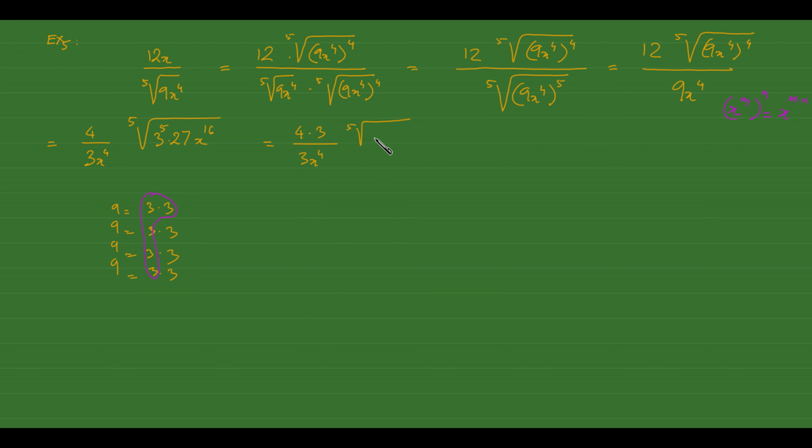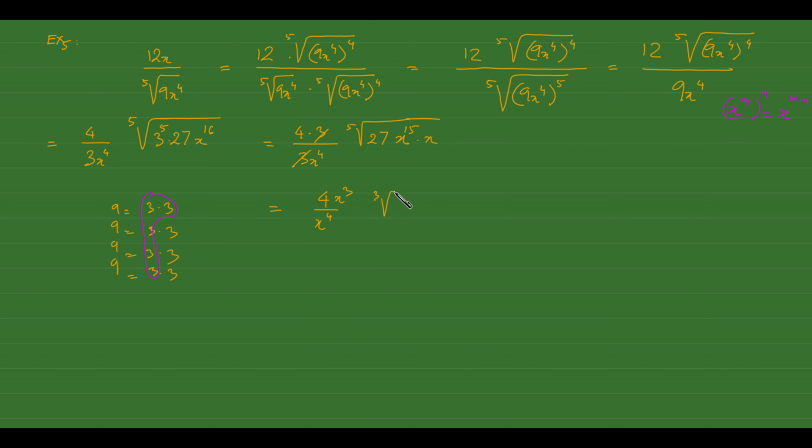Fifth root of 27, we cannot do anything. But x to the 16, I can write it as x to the 15 times x. And now you cancel the number 3 here, so you have 4x to the 4. 5 going into x to the 15 gives you x to the 3rd.